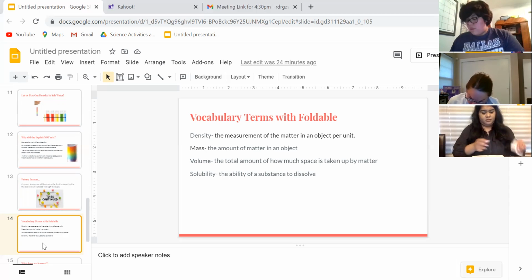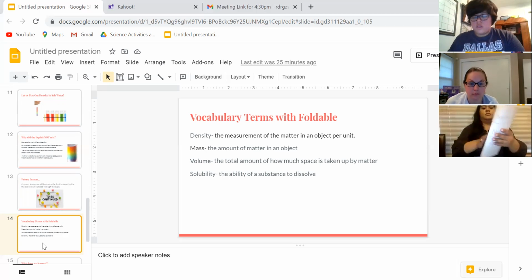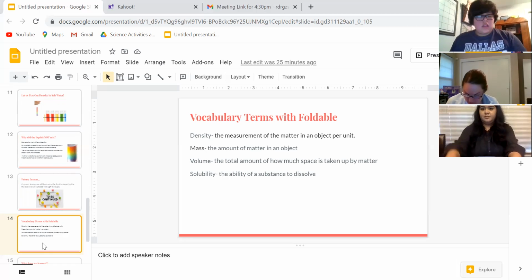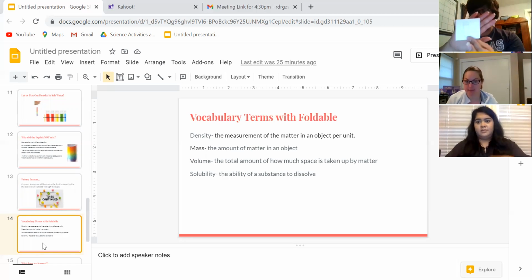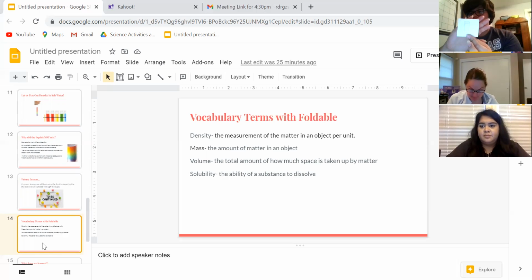And what is solubility? Solubility is the ability of a substance to dissolve, especially in water. And last but not least, we have our last image, which is similar to our beakers, showing the little particles have dissolved in our liquid.